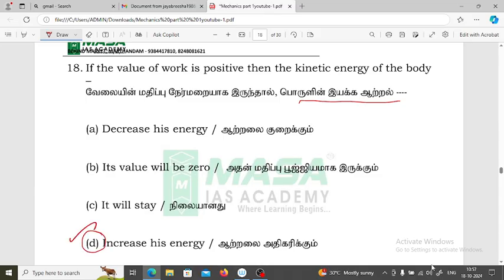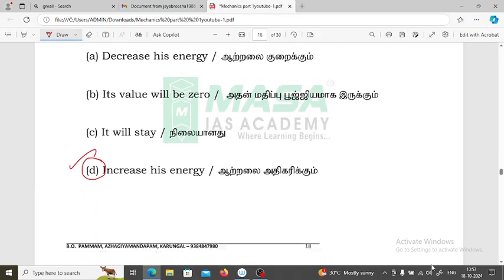Option D is correct. Question number 19.